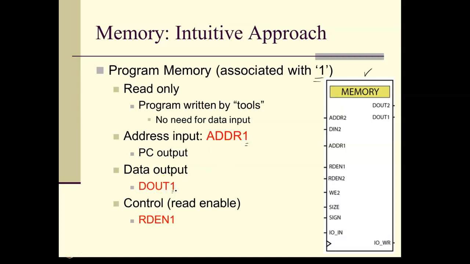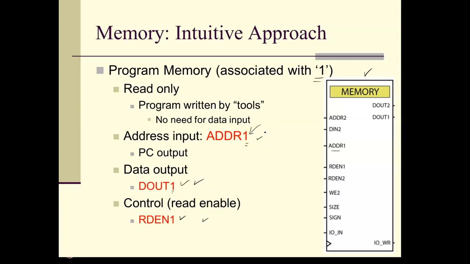The issue is that the 1s are associated with program memory. With program memory, I can give it an input address, which is this one right here. It has a data output. The program memory is synchronous, so I have to give it a read enable. This is a control signal, this is data, and this is address.